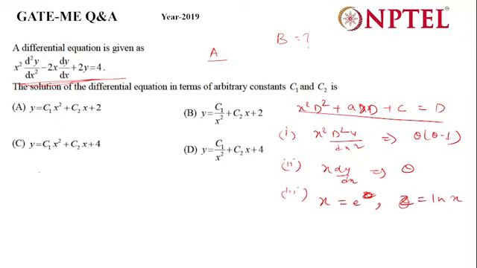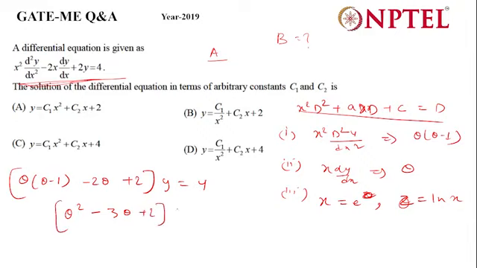Okay, so now follow the steps. Now your equation turns out to be theta into theta minus 1, minus 2 theta plus 2, into y is equal to 4. So it will be theta square minus 3 theta plus 2, y is equal to 4. Now this is easy. We know how to get the complementary function for this. When you solve this equation, your roots will be m is equal to 1 and 2.